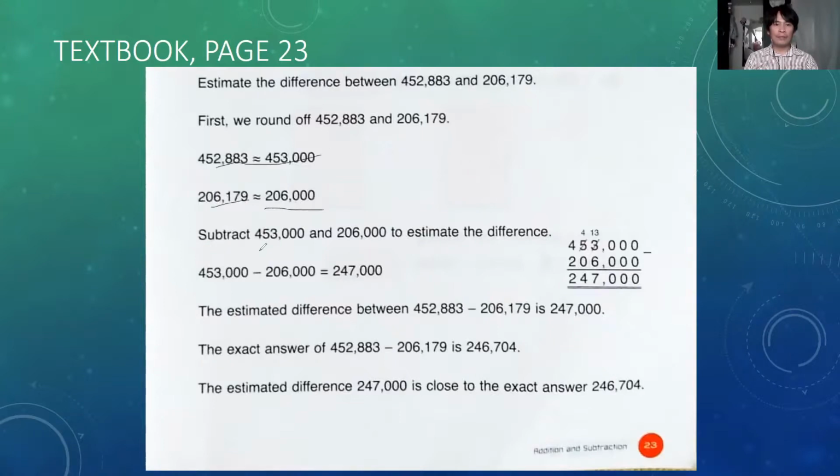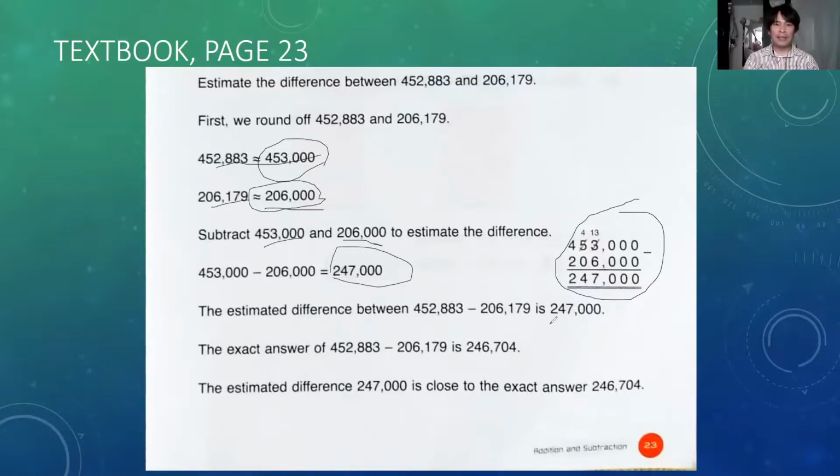Subtract 453,000 minus 206,000. Okay, look at this part. So the difference is 247,000.